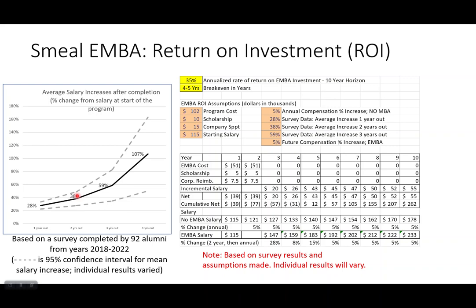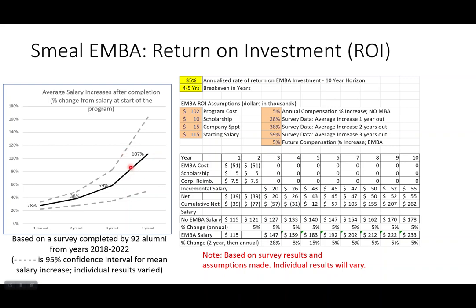So that's another 10% from the prior year. And then 3 years out, our alumni reported on average a 59% increase from their incoming program salary. So a big jump there from 2 years out to 3 years out, another 20%.